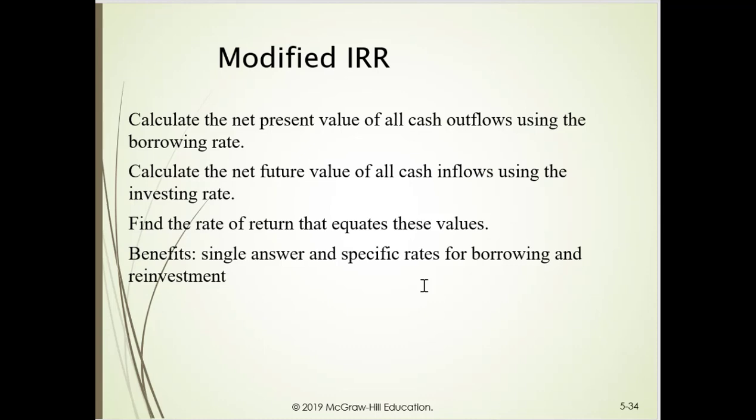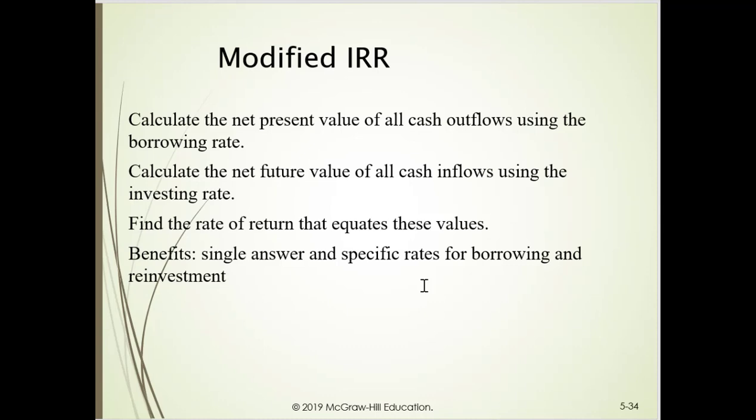It assumes we reinvest all those cash flows to some future value. So now if you think about it, we have a future value of cash flows and we have an investment. That means we have a present value and we have a future value. Let's say we know that that took 5 years. We can solve for the interest rate that would equate those two values. That's essentially the modified internal rate of return.